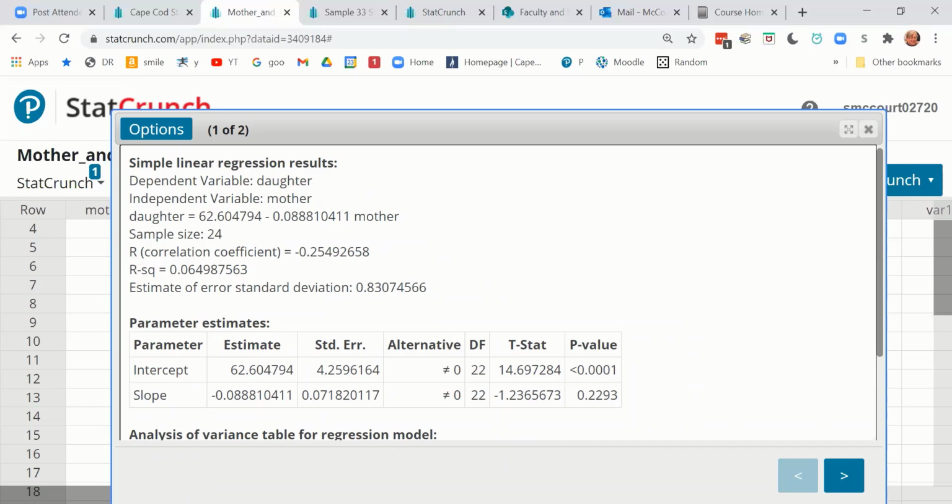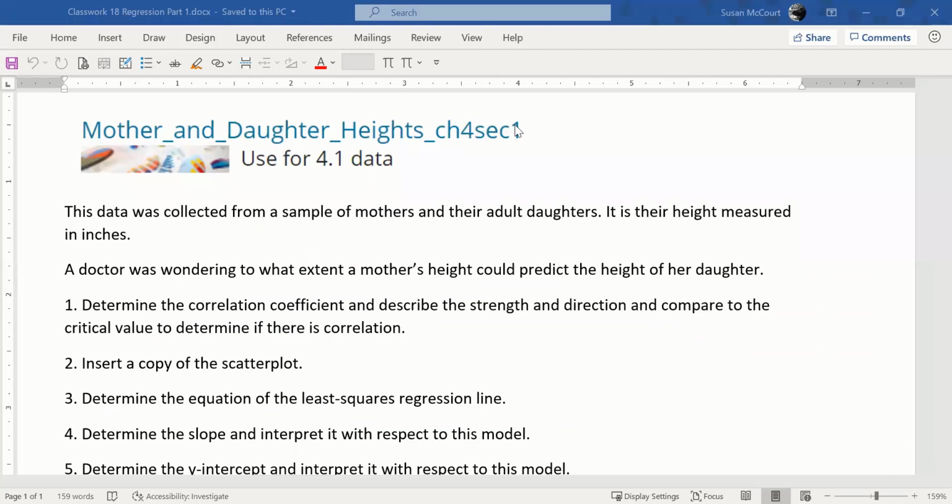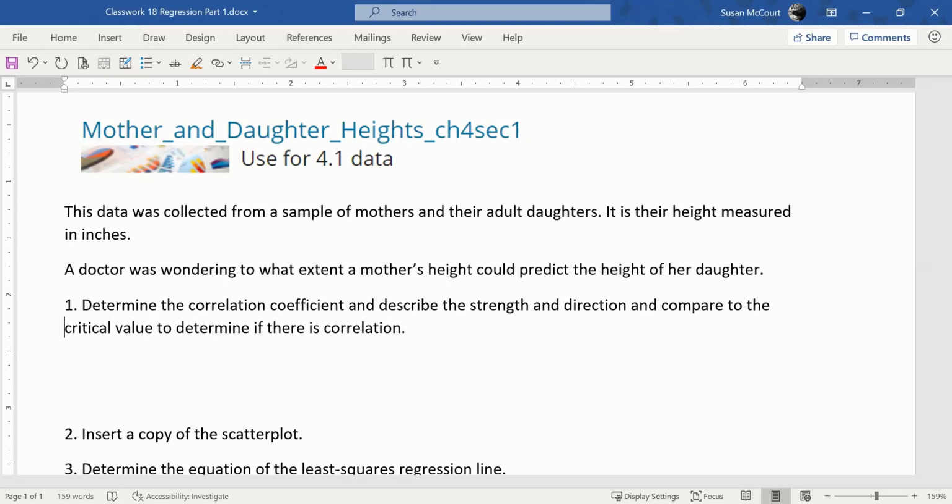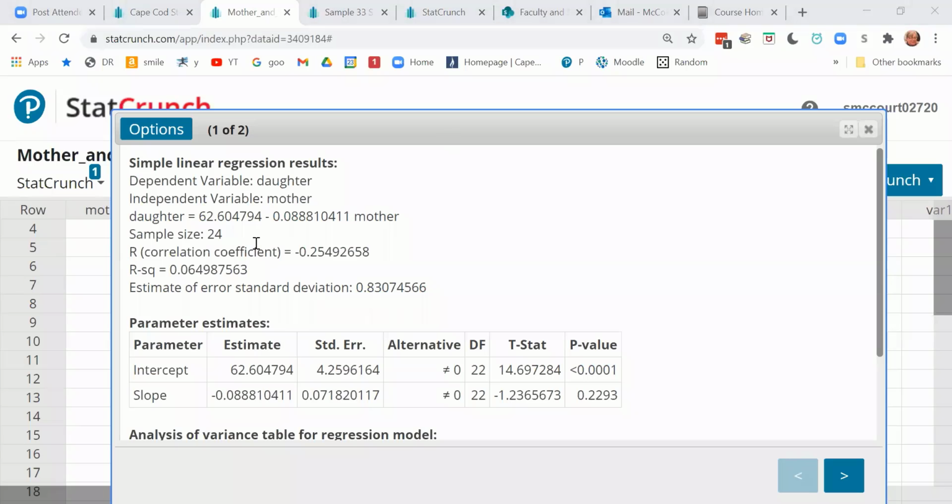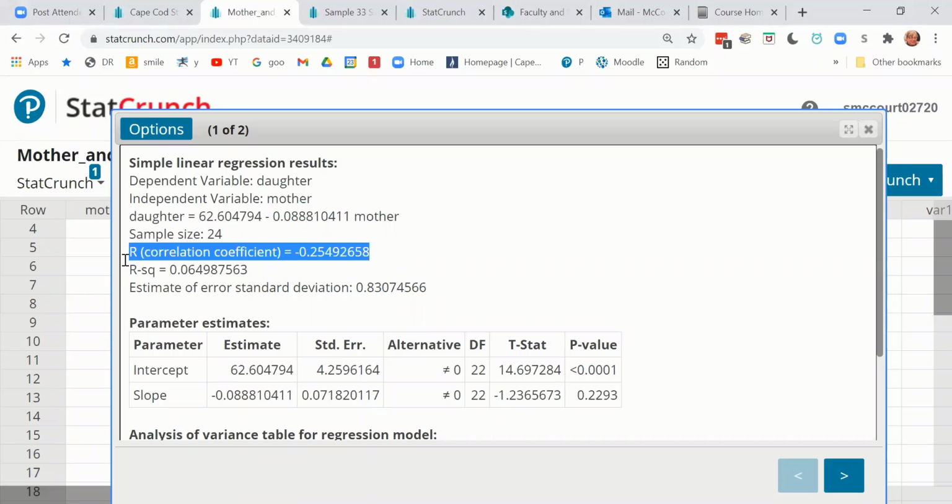So I'm going to go back to my question sheet, which says determine the correlation coefficient and describe the strength and direction, and compare it to the critical value to determine if there's a correlation. So going back to my StatCrunch output, my correlation coefficient is here.